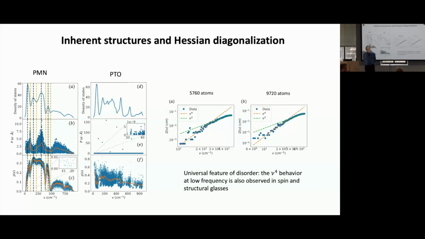What is the input for the first step, the coarse graining, and what is the output? I didn't spend time describing that, but since this is based on DFT, you get the potential energy for a given configuration, and you also have the electronic Kohn-Sham orbitals, from which you can construct the Wannier functions.